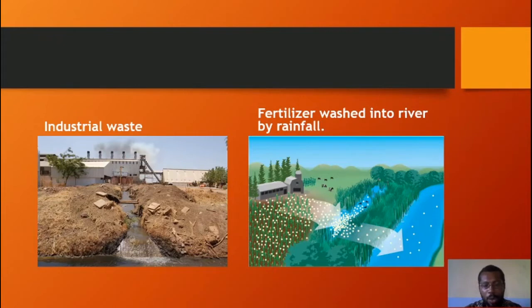The fishes go close to the water there and feed on plankton. Plankton are like little microorganisms that fish feed on. When they go there, the mercury infects the fish, and the fish will have what they call mercury poisoning. Let me say that it will be contaminated with mercury.